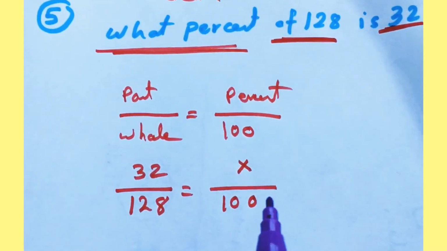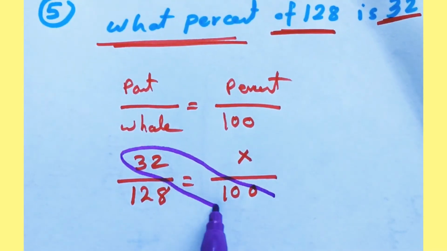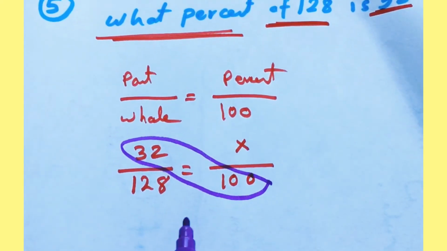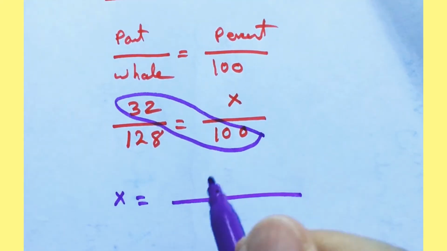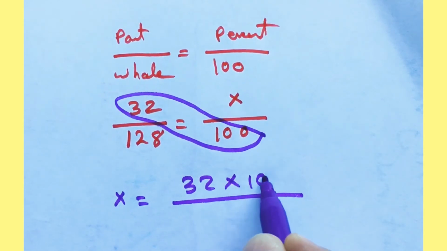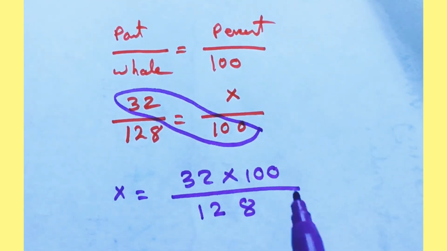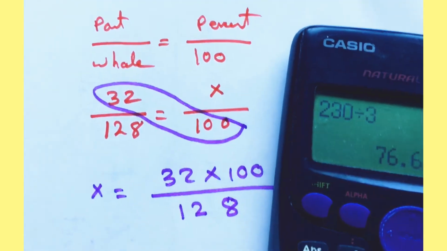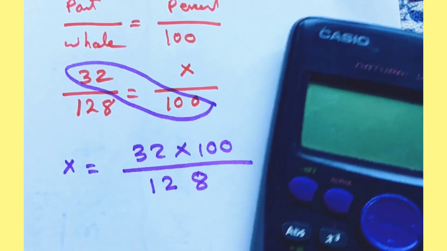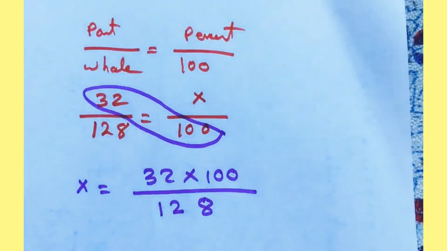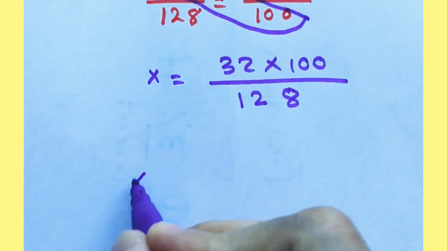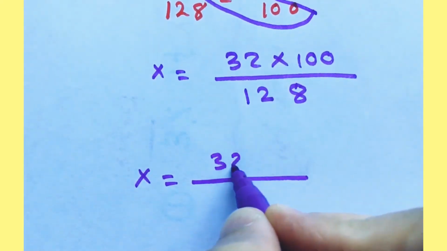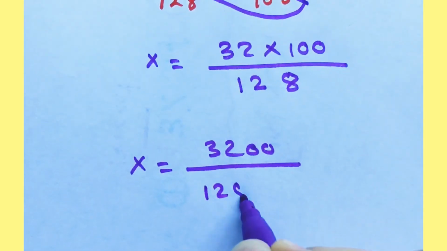I multiply these two numbers together and I divide by 128. So X equals 32 times 100 over 128, which is 3200 over 128.